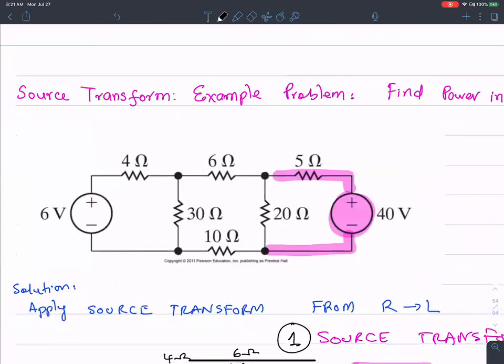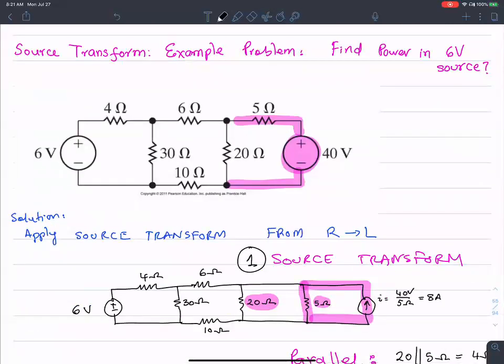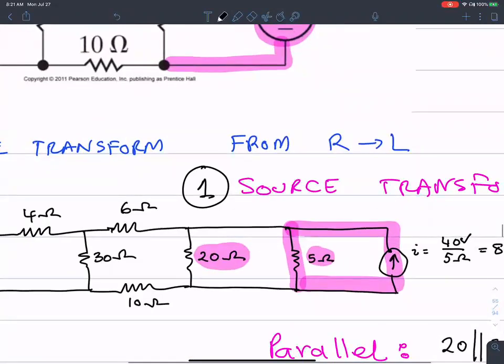I start by applying a source transform. The voltage source with a series resistance on the extreme right is converted to a current source with the same resistance in parallel. Then I applied a parallel simplification between 20 ohms and 5 ohms resistance.